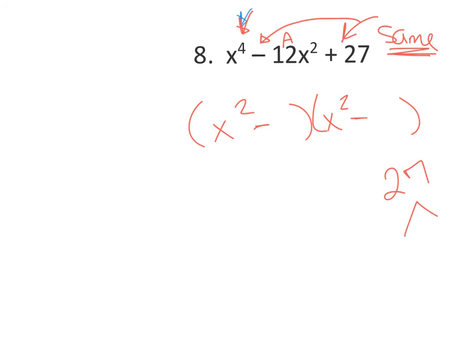Let's break this up. Factors of 27. 9 and 3, 1 and 27. Which one would make 12? This guy. But how would you make it negative? Negative and negative. Because again, let's go over this again. When you do -9 times -3, negative times a negative is a positive, and -9 plus a -3 is still a negative. Okay, so that's the numbers I'm going to put here.